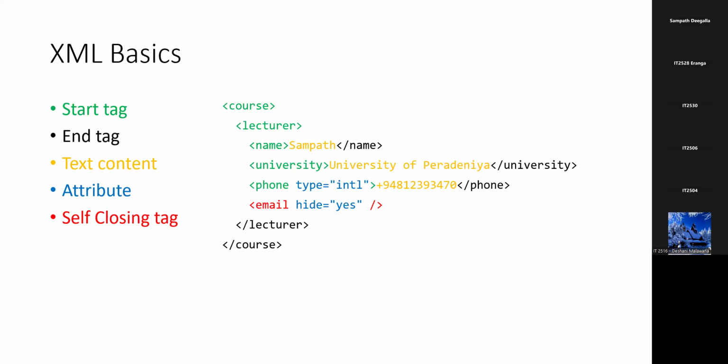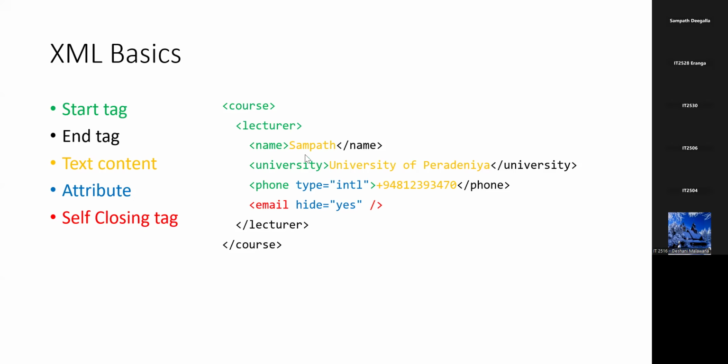Now we can save it as XML, like using a notepad, same way we have created HTML. So we can create an XML document, and you can notice that it also contains a start and end tag, right? For example, the course ends with the course tag, the lecturer ends with the lecturer.